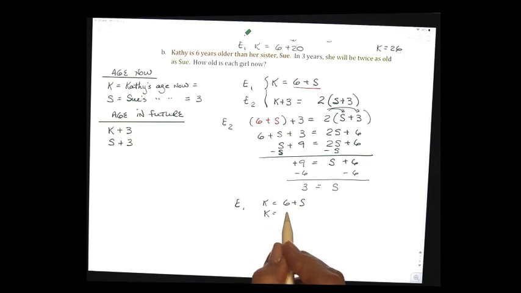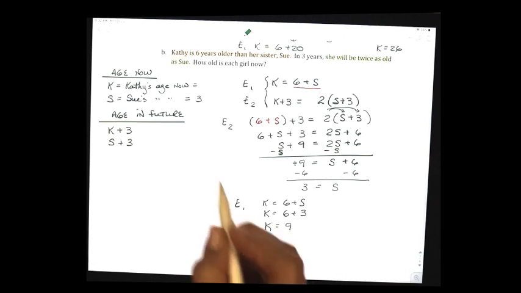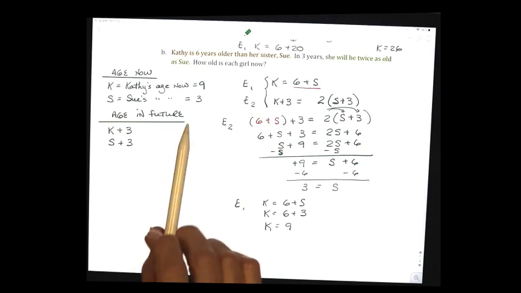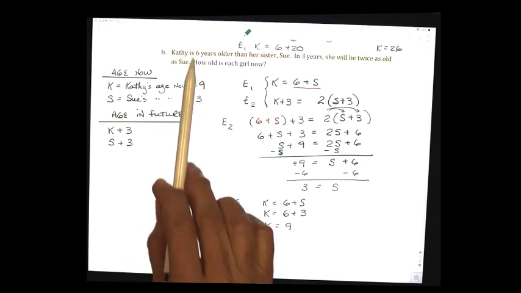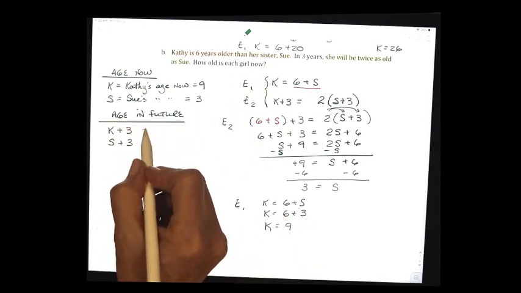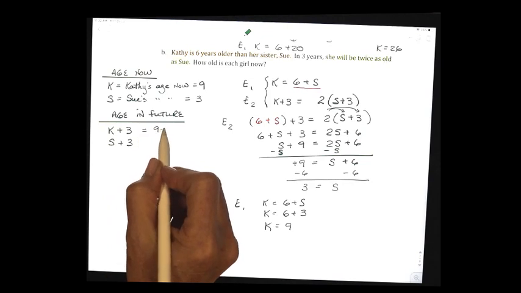And so Kathy's age is equal to 6 plus Sue's age. Sue's age was 3. So Kathy's age now is 9. All right, so that checks out. Kathy is 6 years older than her sister Sue. Let's go down and look at Kathy's age in 3 years.